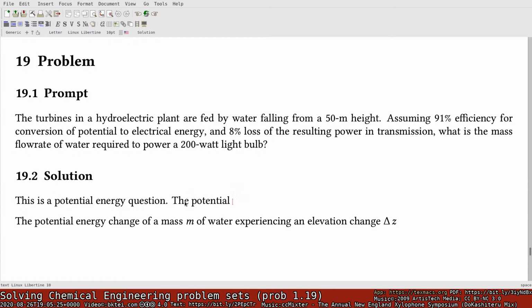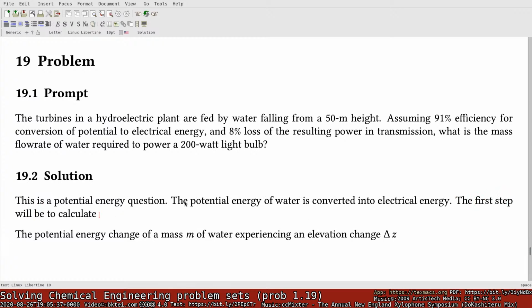The potential energy of water is converted into electrical energy. The first step will be to calculate the total amount of available potential energy to be converted.